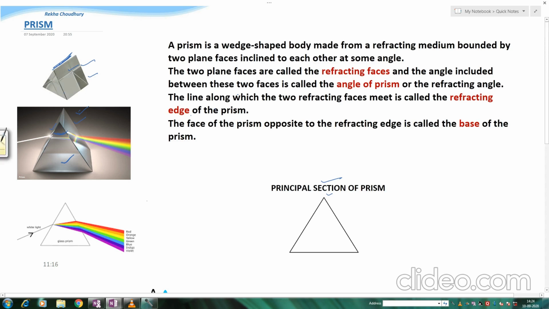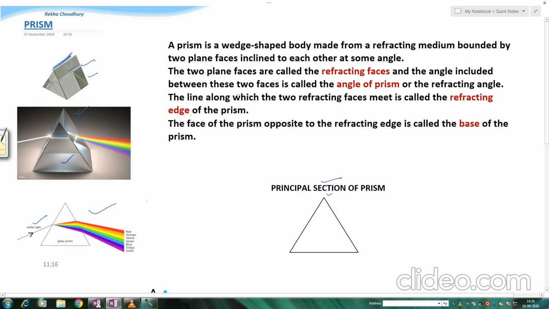This is the dispersive property of a prism. Different optical phenomena can be studied using the prism, but dispersion is the speciality of a prism. When white light passes through a prism, it splits into its 7 different colors, or constituent spectral colors.